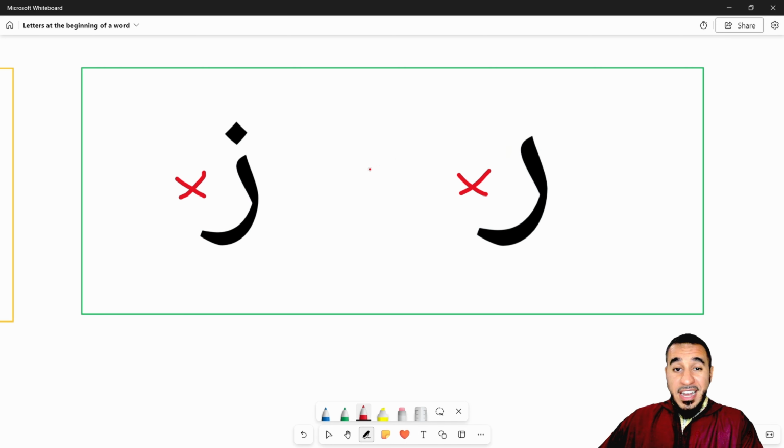When the ra and the zay are the first letter of a word, then the second letter will not physically attach to it. So, for example, with the lam, it will be like this, not physically attached.